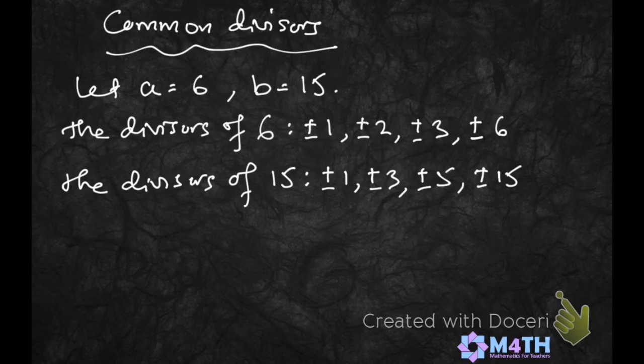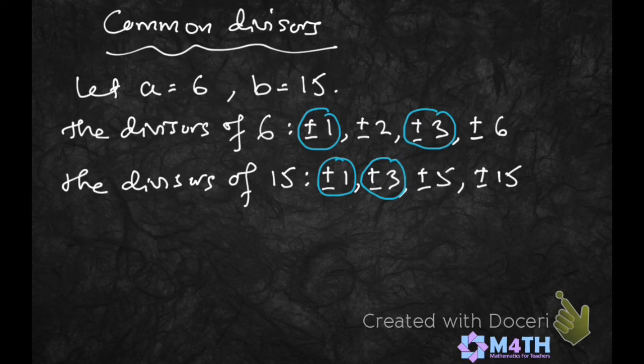So among the divisors of 6 and the divisors of 15, we choose the ones that are shared, what we call the common divisors. So plus or minus 1 is a common divisor of these two, and the other one is 3, and there's no more.